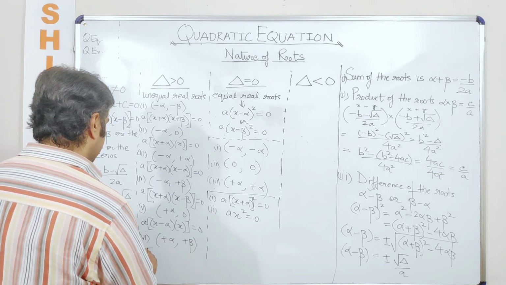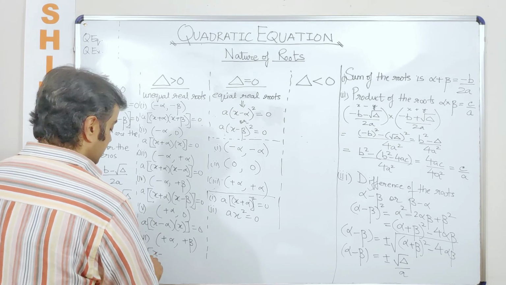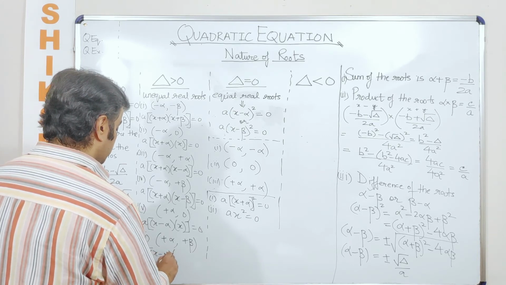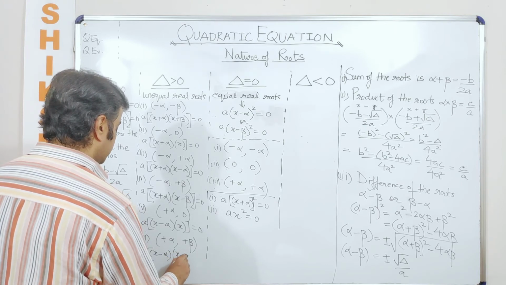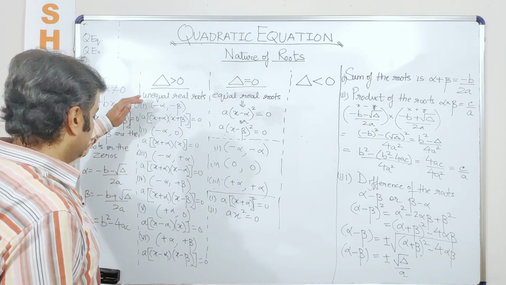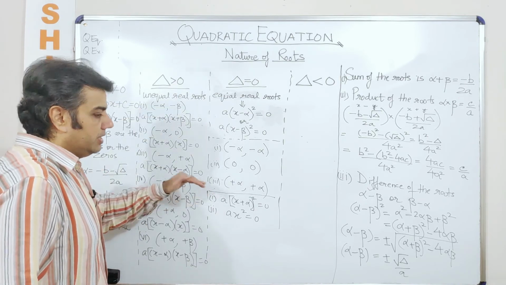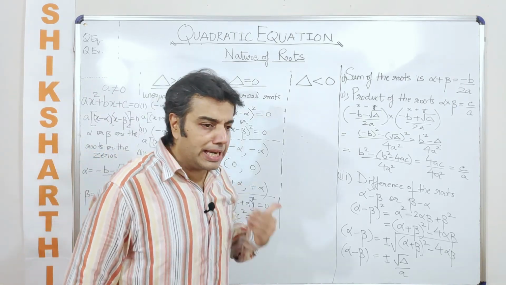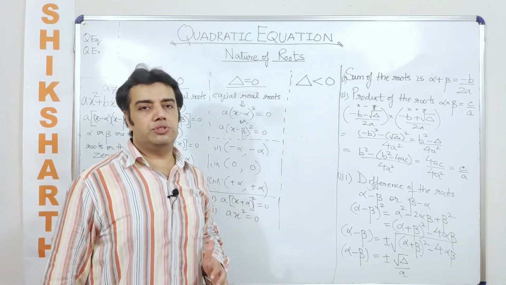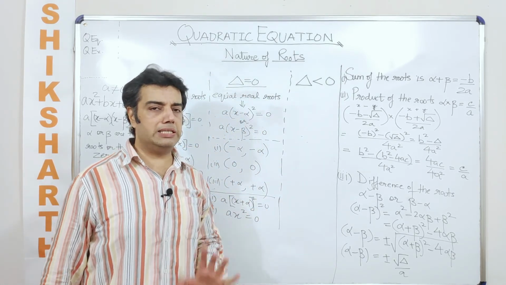So can I say this is a times of x minus alpha into x minus beta is equal to 0. How many cases have we formed here? 6 plus 3. These are the 9 cases that you would always talk about in terms of real roots, whether they are equal or unequal.